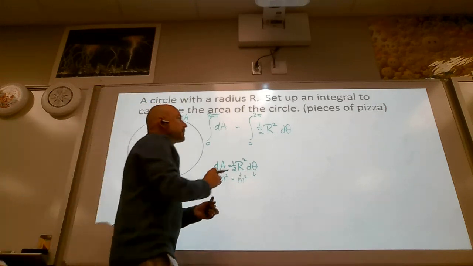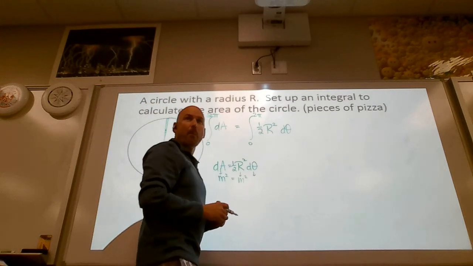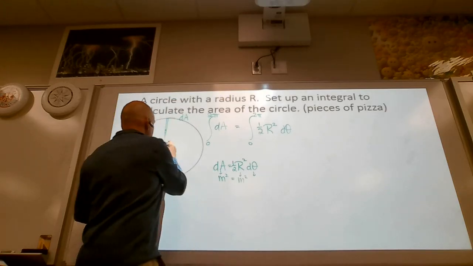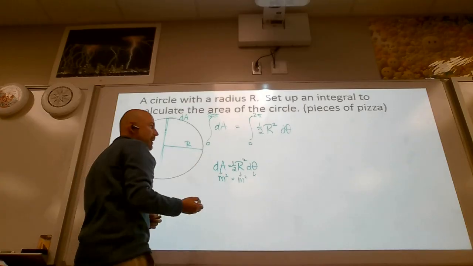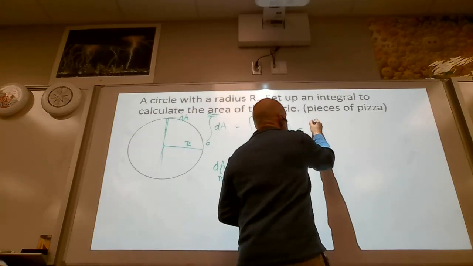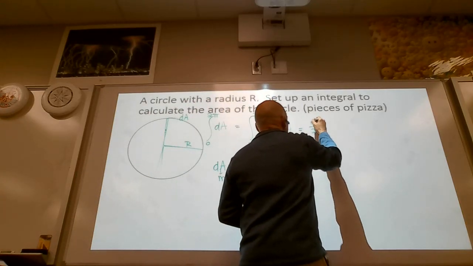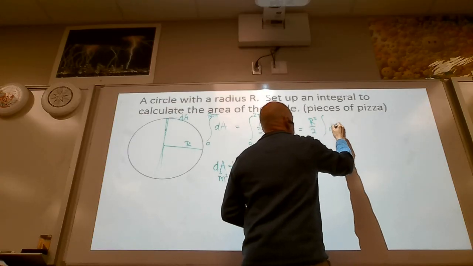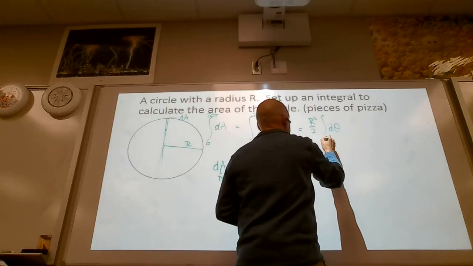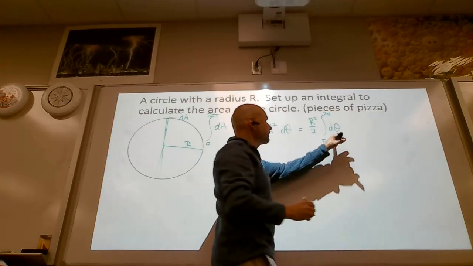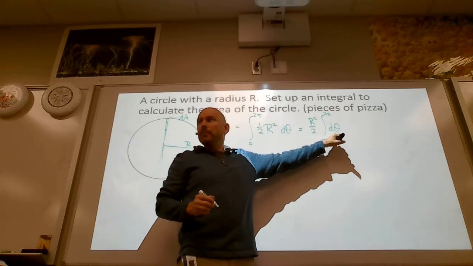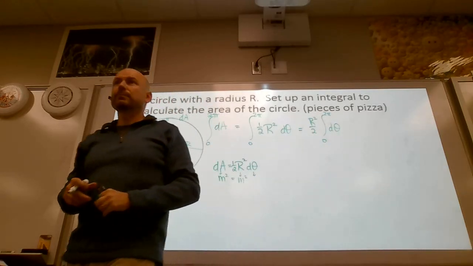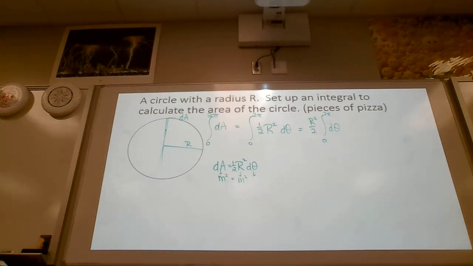Okay. Now, R is constant. You all right with that? Capital R is just the radius of this. That does not change. So I can pull that out. Anything that's constant, I can pull out. So now this agrees unit-wise with this. That's a good place to be.